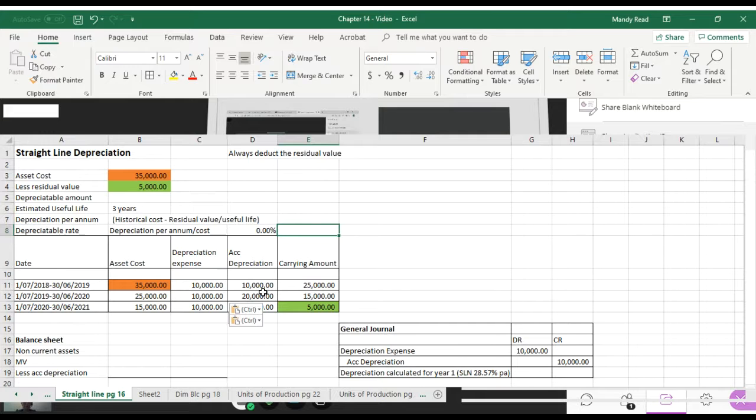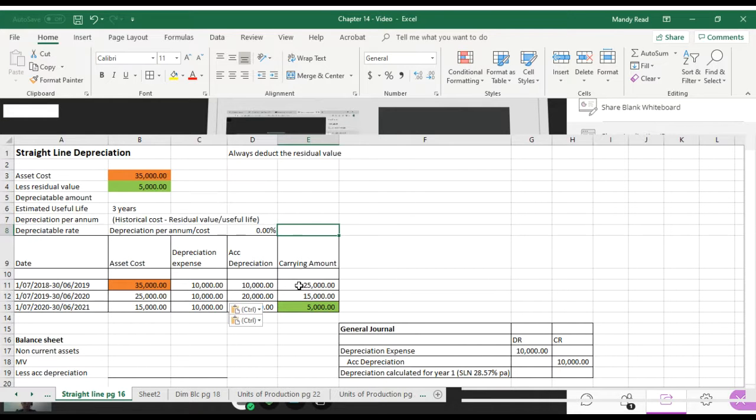Accumulated depreciation is how much depreciation has accumulated so far. We've only had one lot of depreciation expense, so our accumulated depreciation is the same as our depreciation expense.